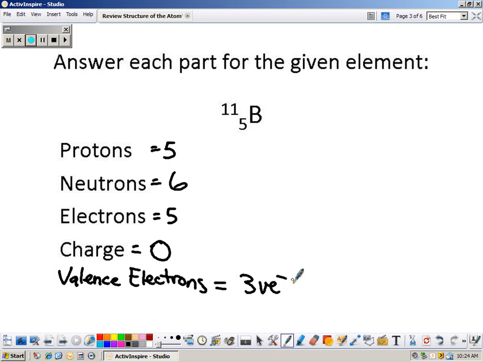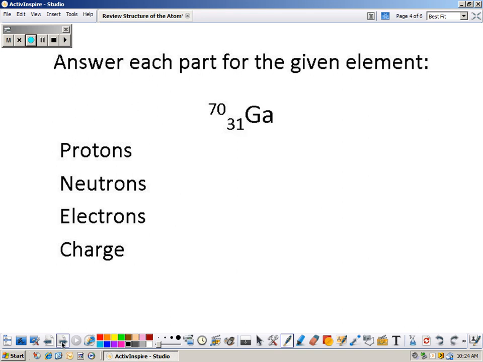Let's try another one. This is gallium. Let me put in the valence electrons. How many protons? 31. How many electrons? 31. Neutrons? 39.